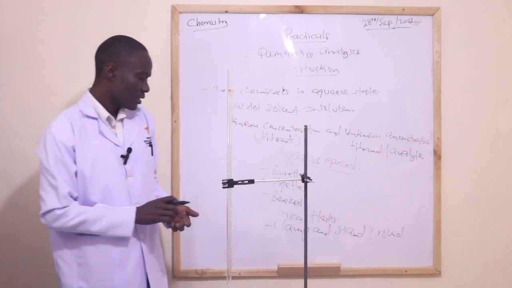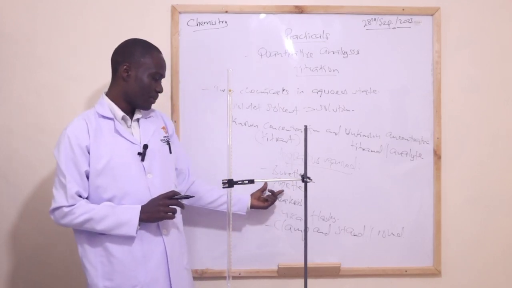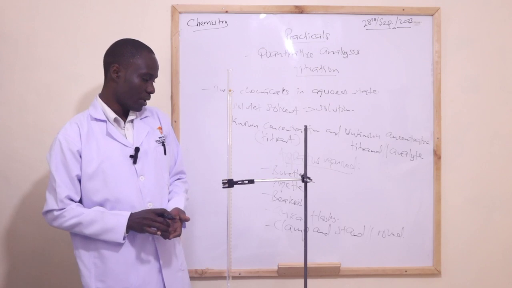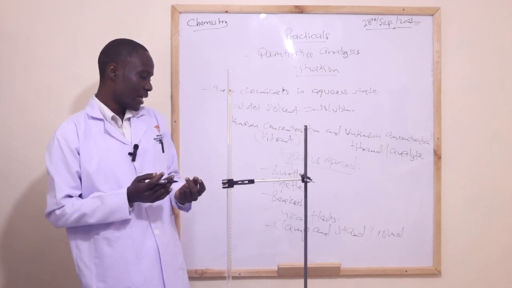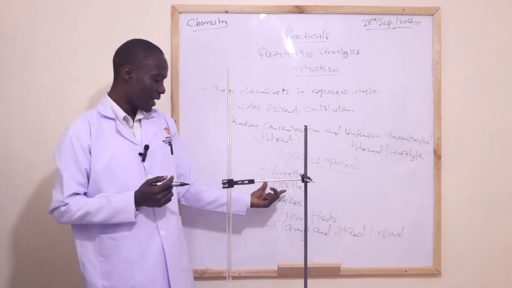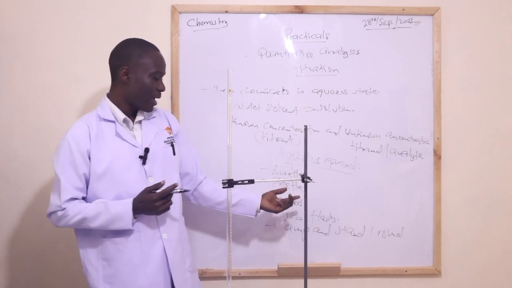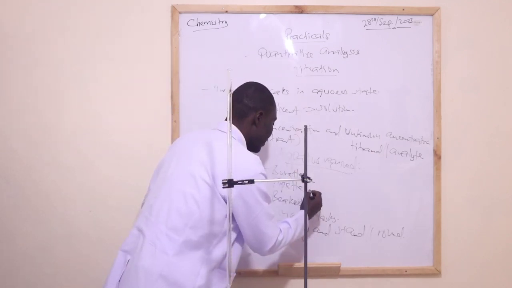Apart from this, allow me to talk about this pipette slightly, because a pipette doesn't work on its own. A pipette comes with another apparatus that it works with jointly. So you need to have a pipette and a pipette filler.